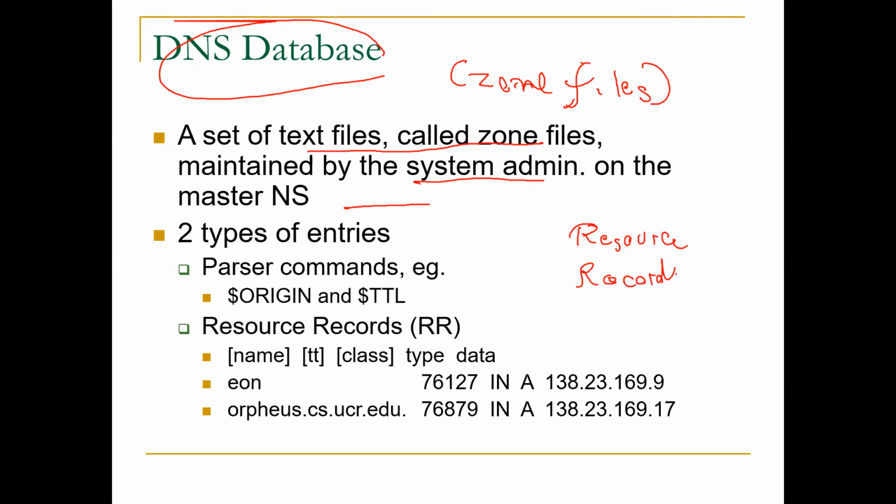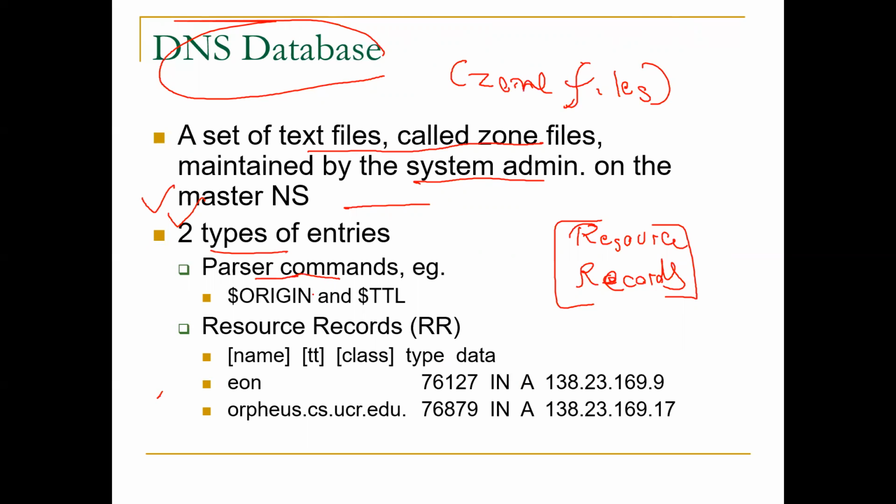I will show you what zone files look like. In DNS there is a zone file, and we also have zone files in our GTM boxes. A zone file is just a text file maintained by your system admin on your master name server. Two types of entries are there.